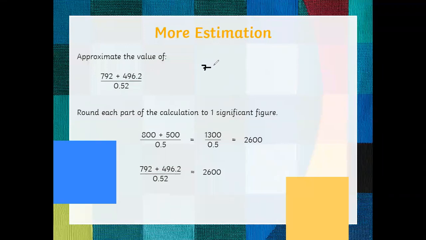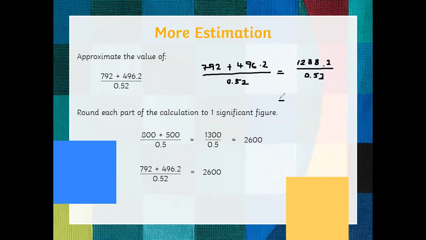So 792 plus 496.2 all over 0.52 is equal to, okay, so we can add 792 plus 496.2, which is 1,288.2, over 0.52.